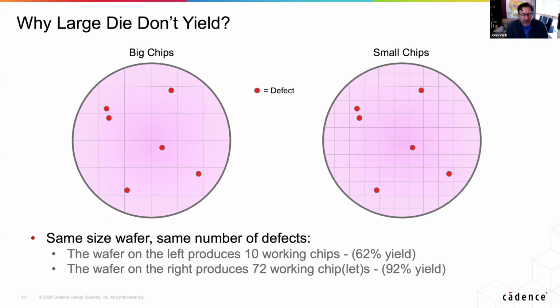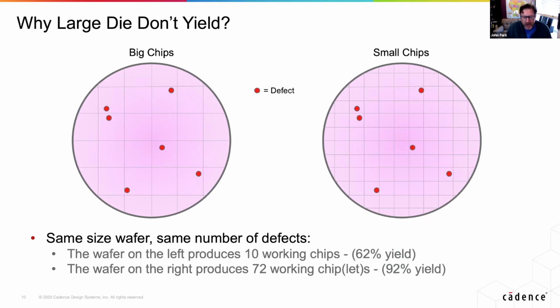I thought I would talk a little about why large chips don't yield, because as I said, a lot of people are pushing the limits of reticle size. This picture gives a simple example of this notion. These are two fake wafers, one with a bunch of big chips on it, 10 chips that could be built from it.